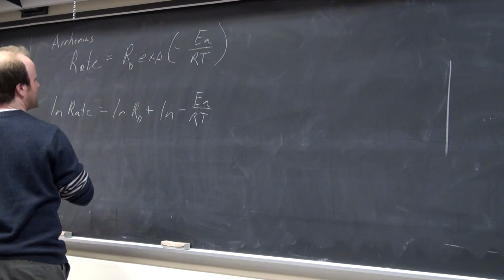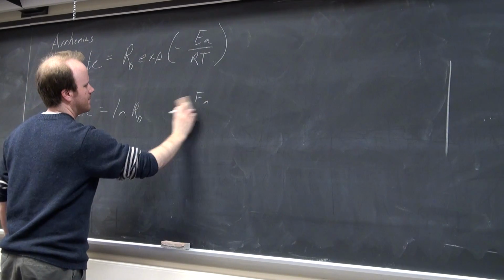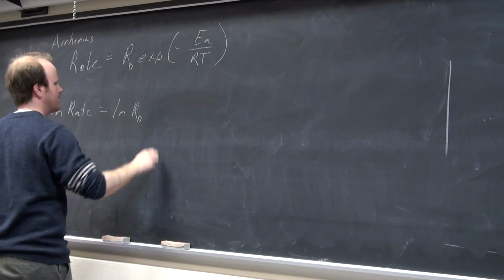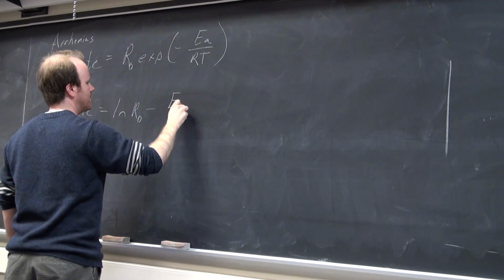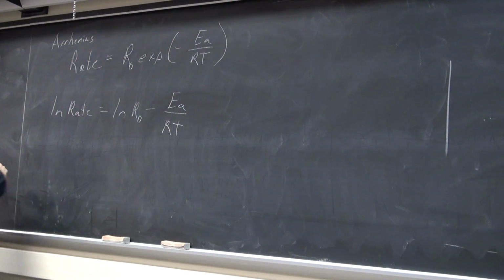Ln R0 minus EA over RT, right? The natural log of an exponential is just the thing in there.